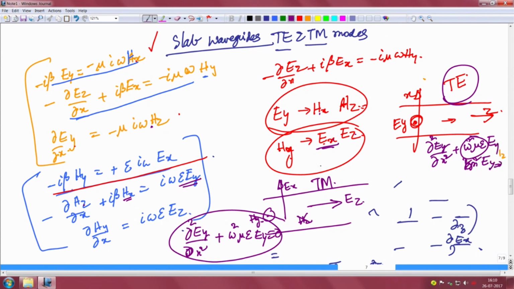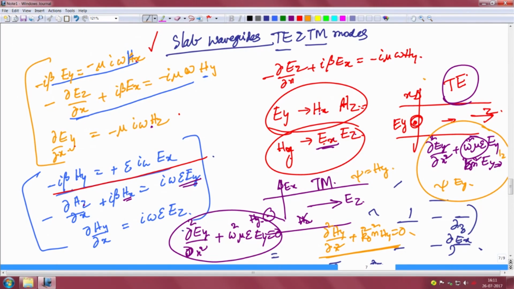Similarly, for the TM modes, we get del square Hy by del x square plus k0 square n square Hy equal to 0. One important feature that we observe here is that we have the scalar wave equation, except that psi is replaced by Ey, and in the TM case we have the same form of equation, where psi is replaced with Hy.